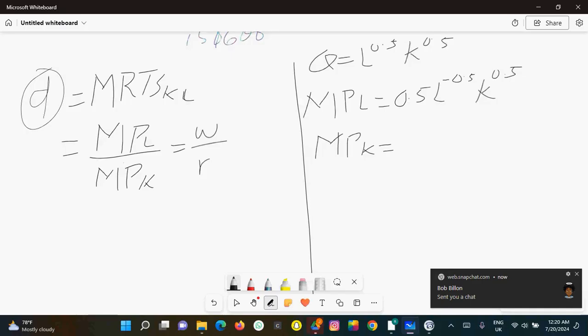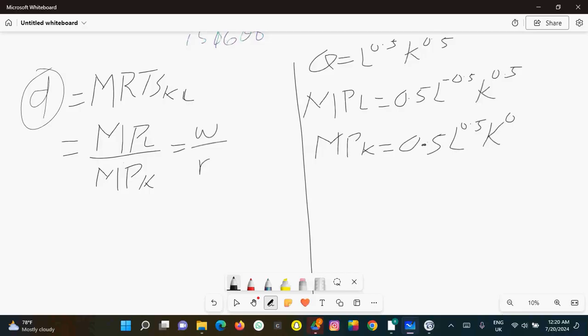So with this one, we're also getting this 0.5 multiplied with L, then K raised to the power 0.5 minus 1. If I break this down, let's do this one for example. Marginal product of labor is equal to, now differentiating with respect to labor, so the 0.5 from the power will come down and then multiply labor.